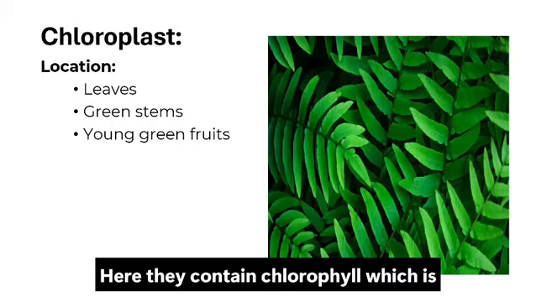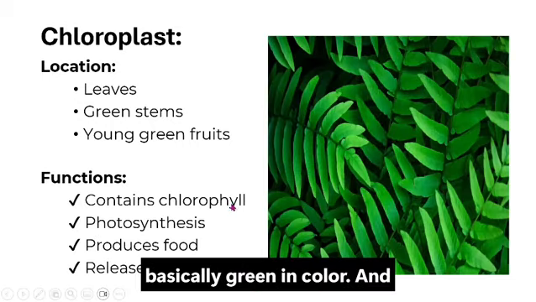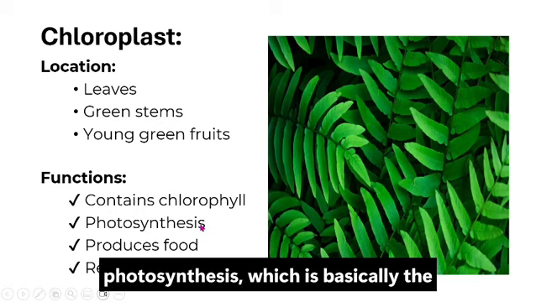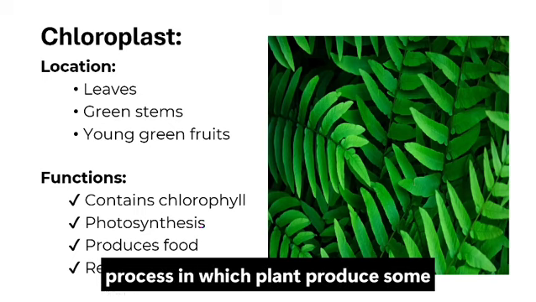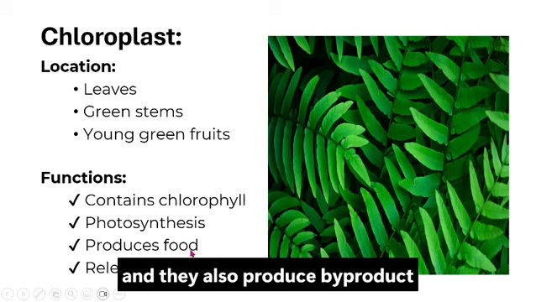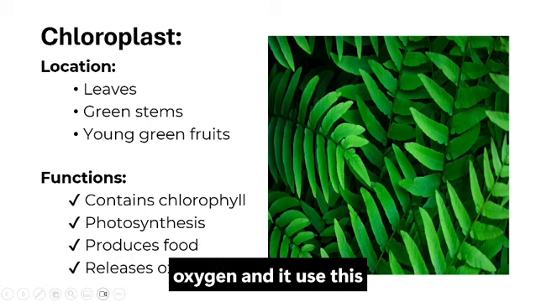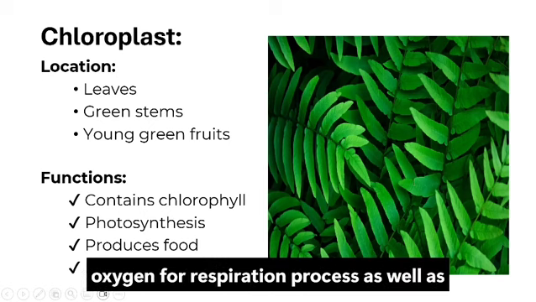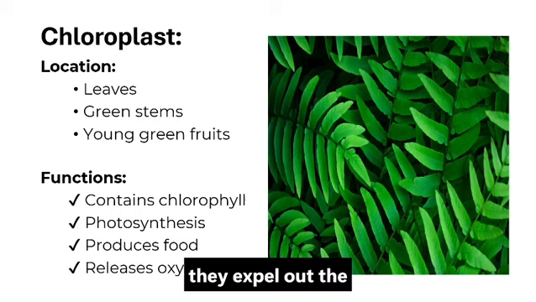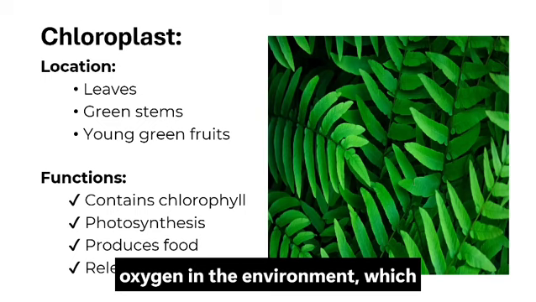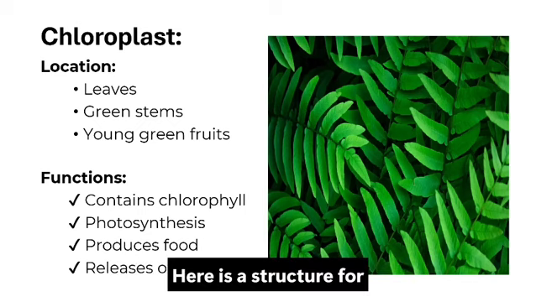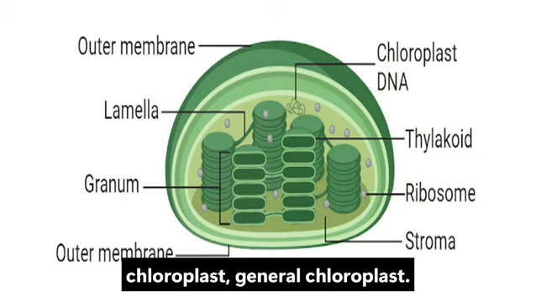They contain chlorophyll, which is green in color, and chloroplast is involved in photosynthesis, which is the process in which plants produce glucose as food, and they also produce oxygen as a byproduct. Plants use this oxygen for respiration, and they also expel oxygen into the environment, which we use for our respiration. Here is the structure of a general chloroplast.